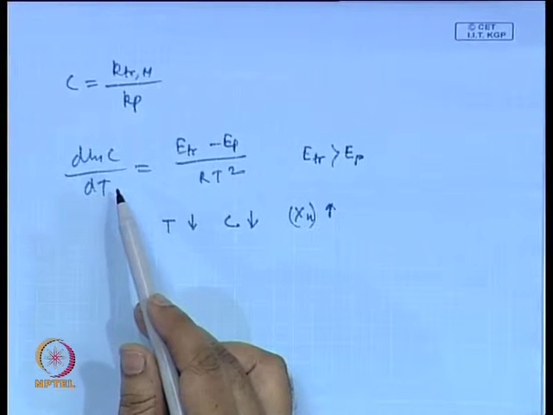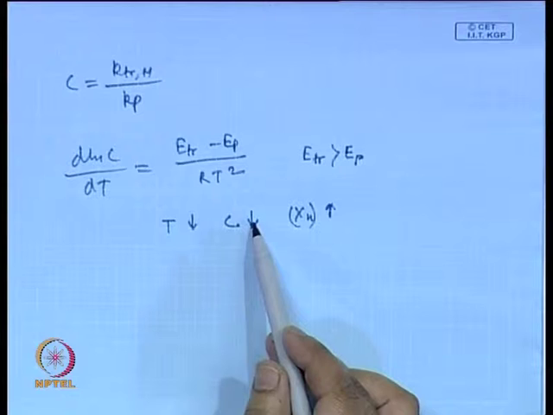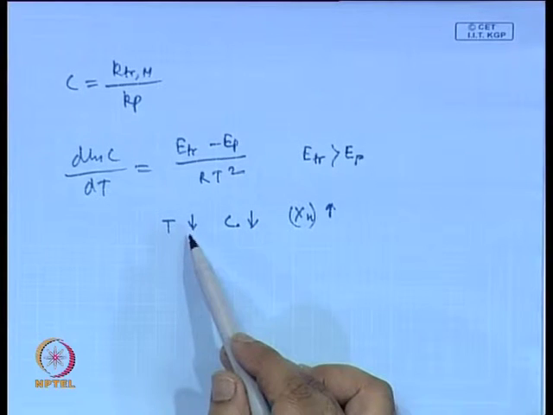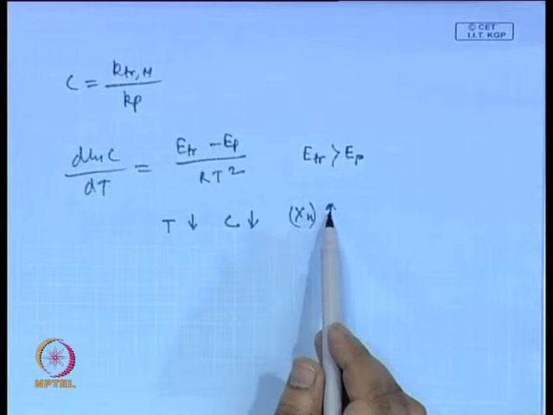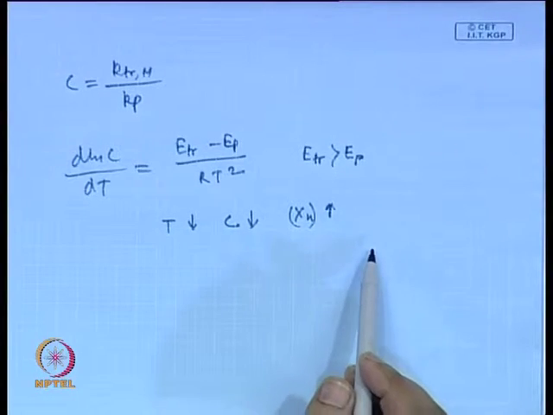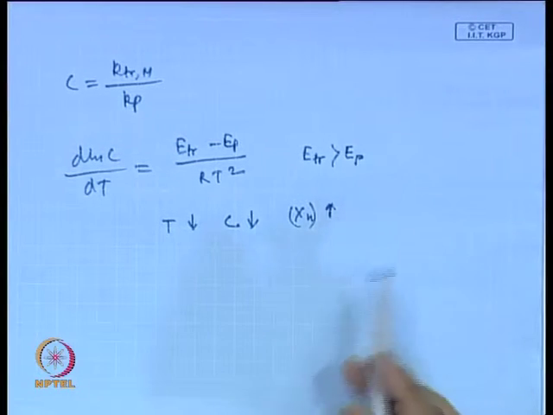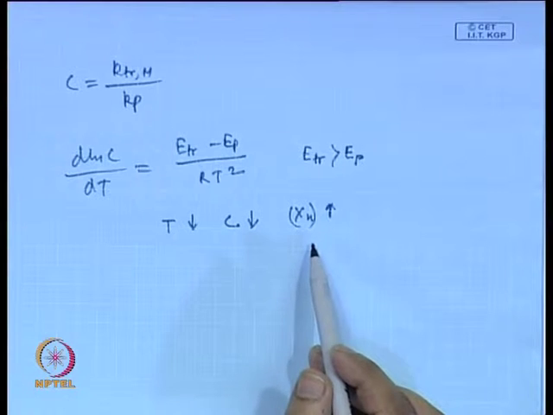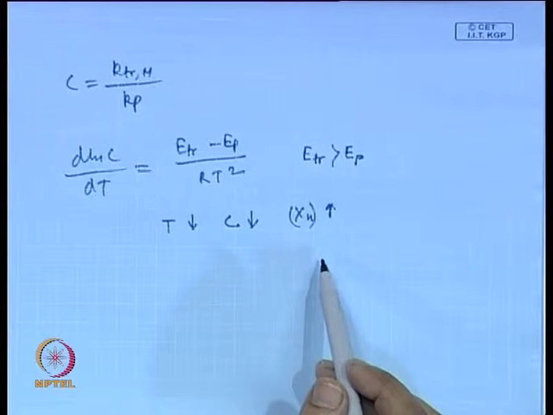In the cases where transfer reaction is present, the transfer constant goes down with decrease in temperature, as a result the molecular weight goes up. So, for cationic chain polymerization, no matter whether chain transfer reaction is present or not, you always end up having higher molecular weight if you decrease the temperature.